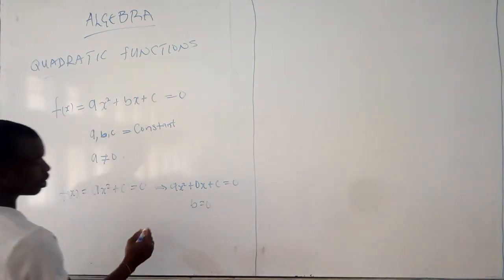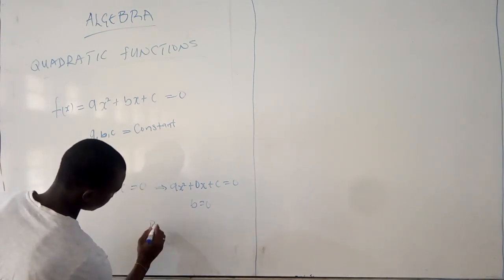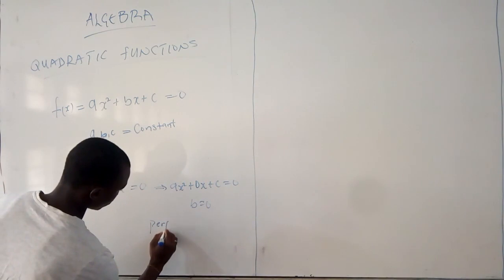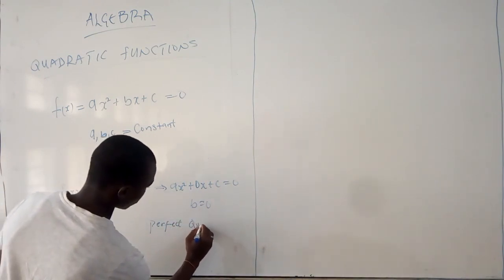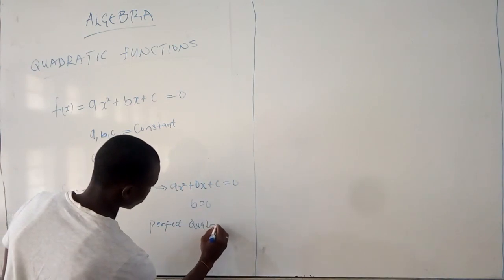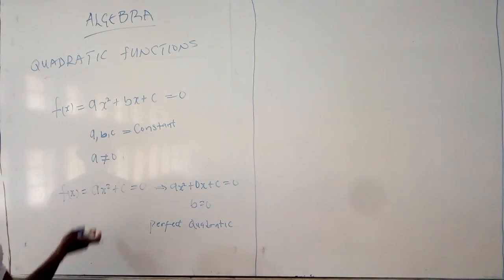This is what we call a pure, or perfect, quadratic, whereby your b is equal to 0.